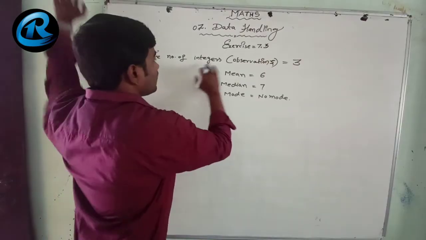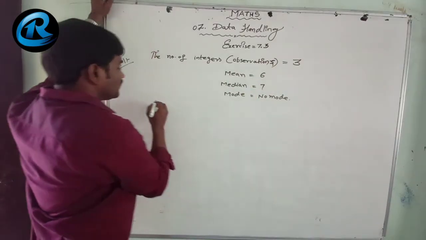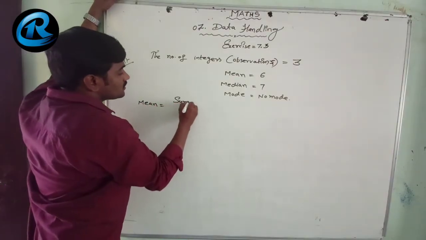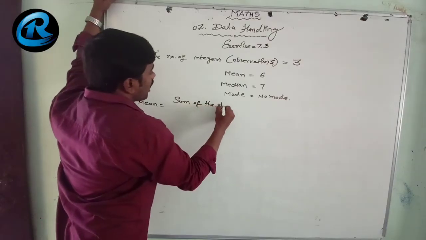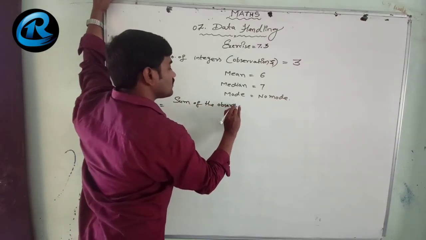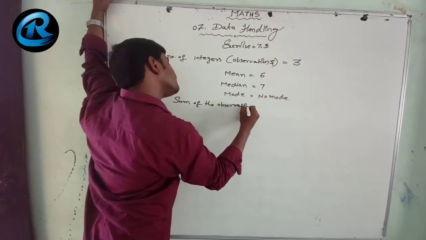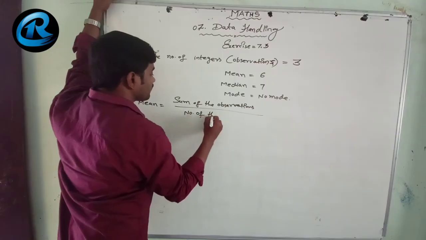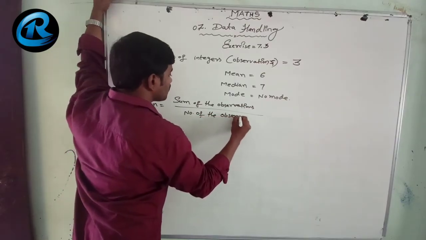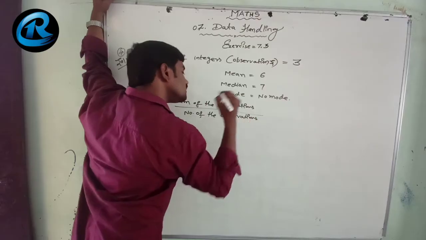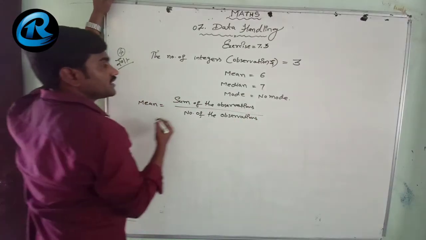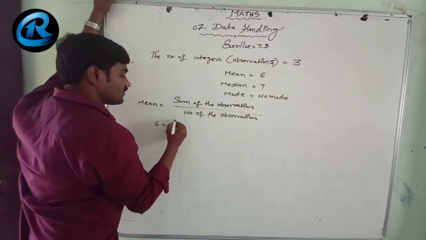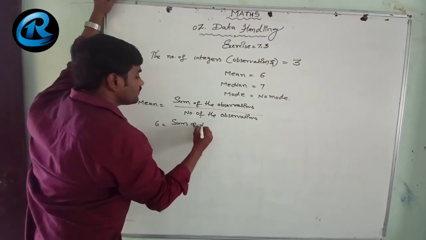As he has given, the number of observations is 3 and the mean is given. So let us find out: mean equals the sum of the observations divided by the number of observations. He gave 6, so the mean should be 6. Sum of the observations అది మనకి తెలియదు.